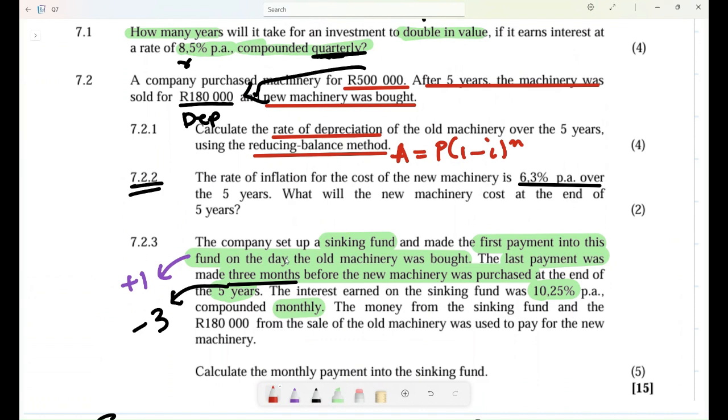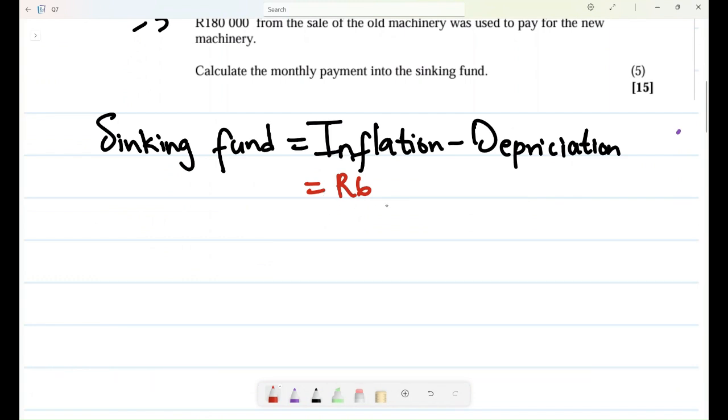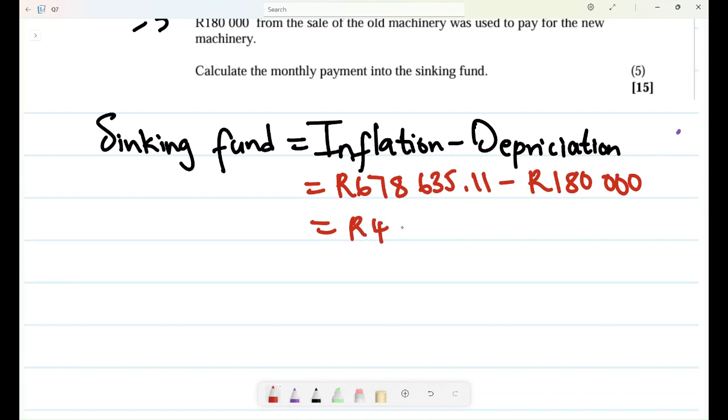So we get that our inflation amount was 678,635.11, minus the depreciation part, which was 180,000. This gave us an amount of 498,635.11.